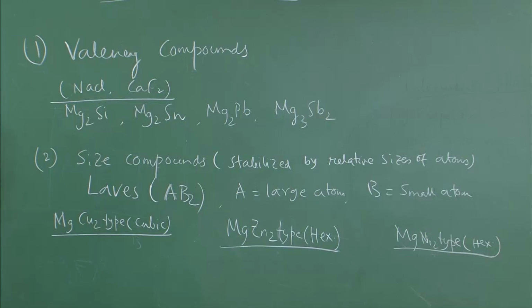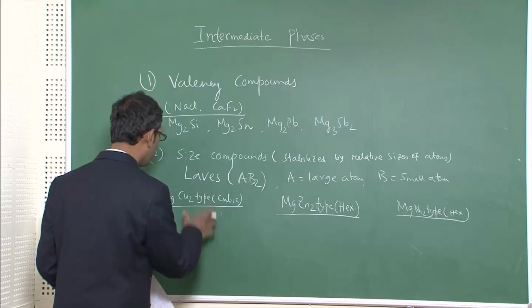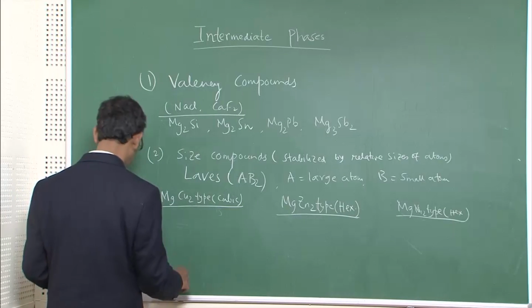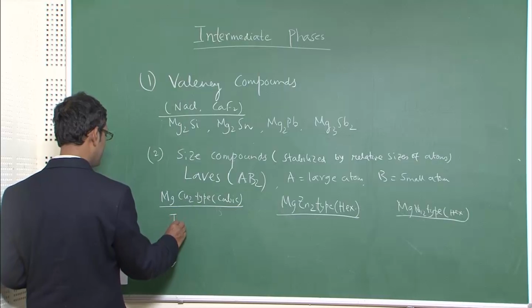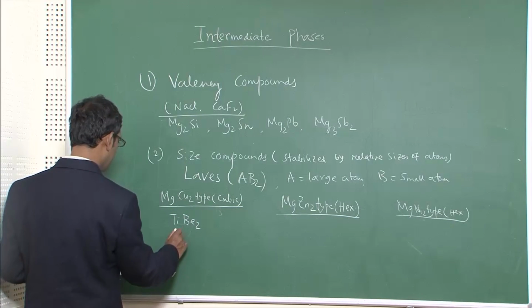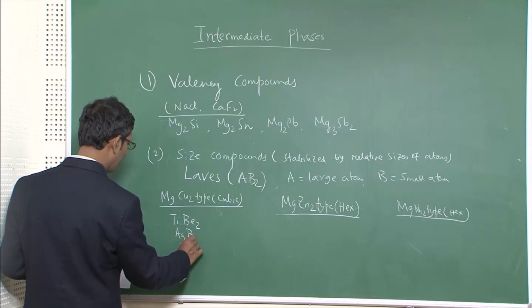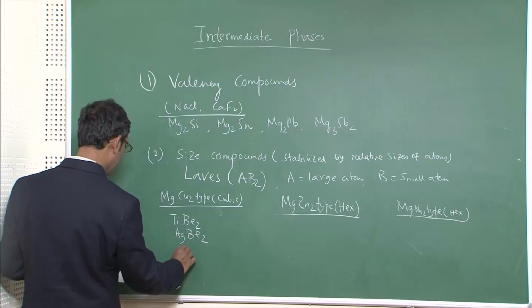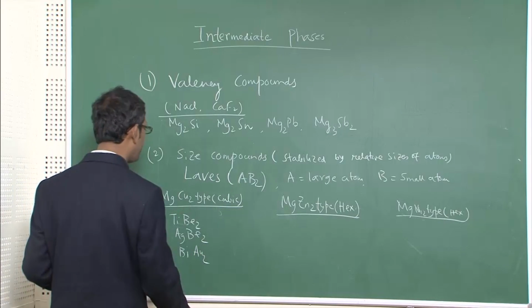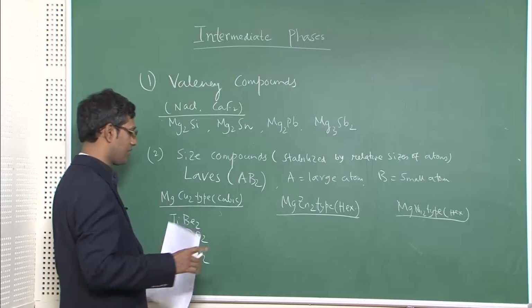All the cubic phases which are of this type, size factor compounds, can be classified under MgCu2. They are titanium beryllium 2, silver beryllium 2, and bismuth gold 2, all cubic and all of them have a similar structure.